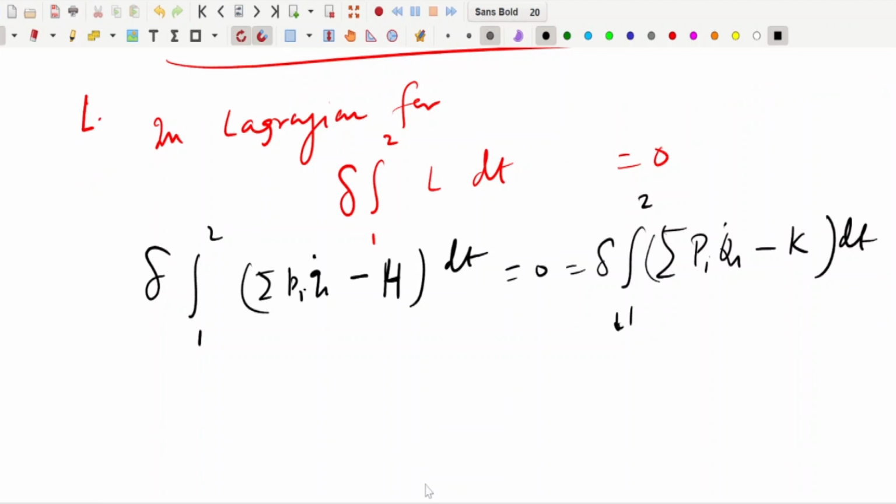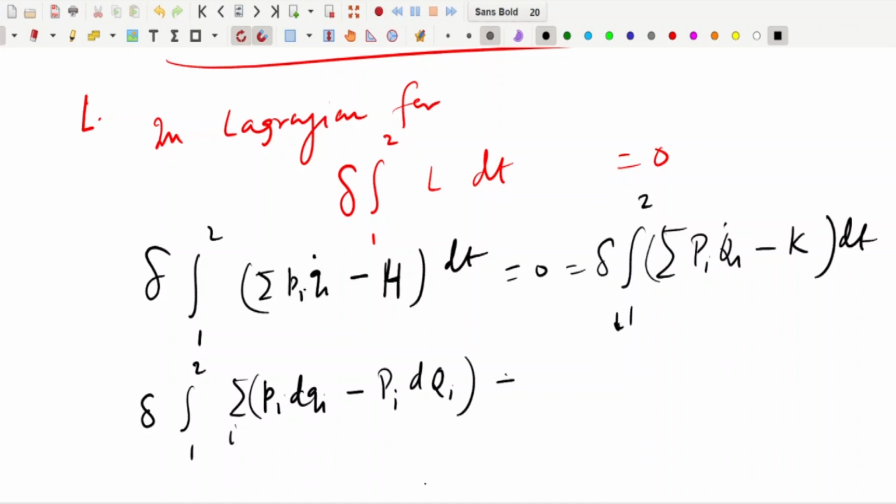Okay. So if I rearrange, bringing these two together, we have delta of the integration from 1 to 2, sum over pi dqi minus Pi dQi, these two terms we combine together, sum over i equal to 1 to n, plus K minus H dt.